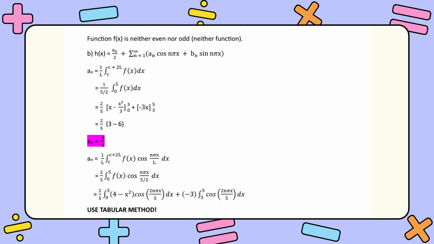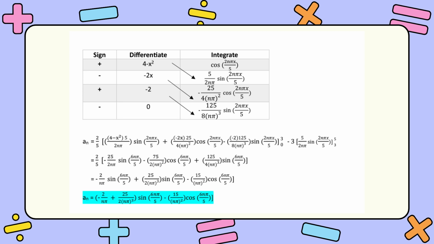When the equation is ready here, it shows that we need to use the tabular method for the first function, which is 4 minus x squared cos(2n pi x/5) dx. So here we have to use the tabular method. This is the table that I did.